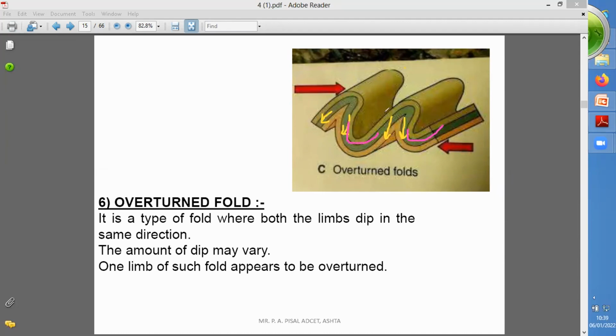Maximum curvature is there as compared to the other side. That's why such a type of folds are considered as an overturn fold, where one limb, that is one side of the fold, having the maximum curvature, is overturned. That's why such a type of the fold is considered as an overturn fold.